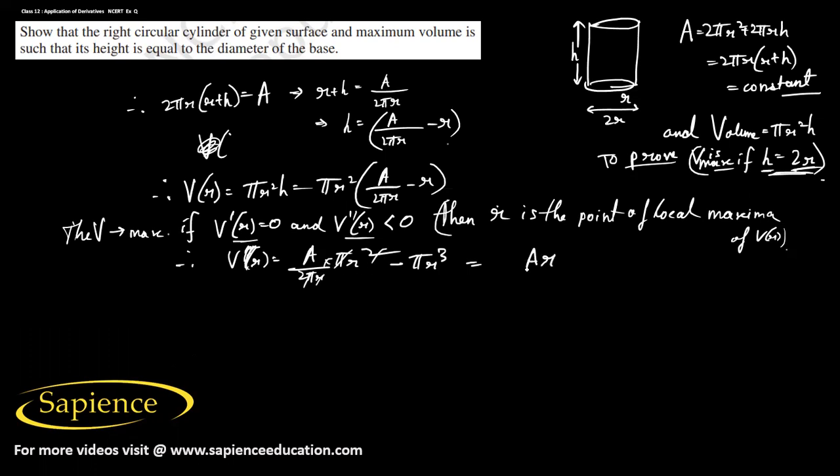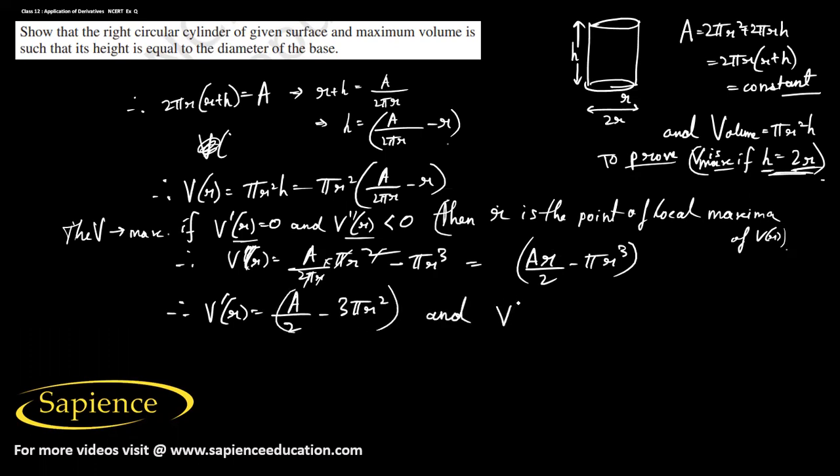That is a r by 2 minus pi r cube. So that is v of r. Now v dash r, the first derivative of this function, is a by 2 minus 3 pi r square. And v double dash r will be equal to minus 6 pi r.